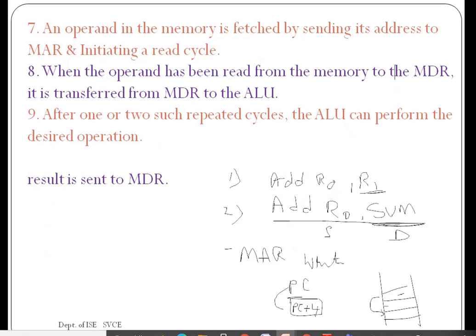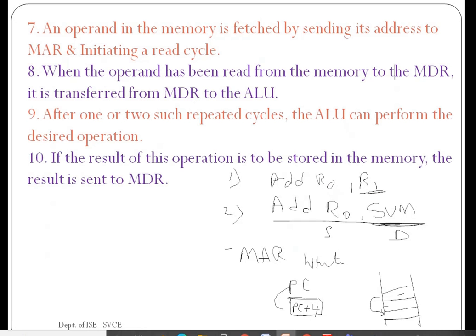Then one or two such steps are repeated, depending on the operands specified. If only one operand is in memory and the other is in a register, it requires only one cycle to fetch the data from memory. If both operands are specified as memory locations, it requires two cycles to get the data.